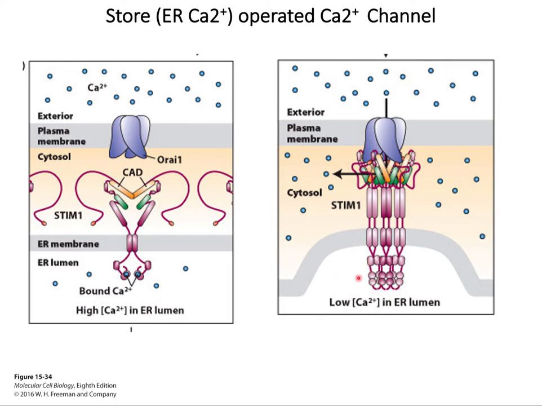So the ER calcium store gets depleted and STIM1 also loses the calcium. This triggers oligomerization of multiple STIM1 dimers and a drastic conformational change. Then STIM1 is relocated to the ER membrane that is close to the plasma membrane. This oligomeric STIM1 interacts with ORAI1 and opens up the calcium channel.